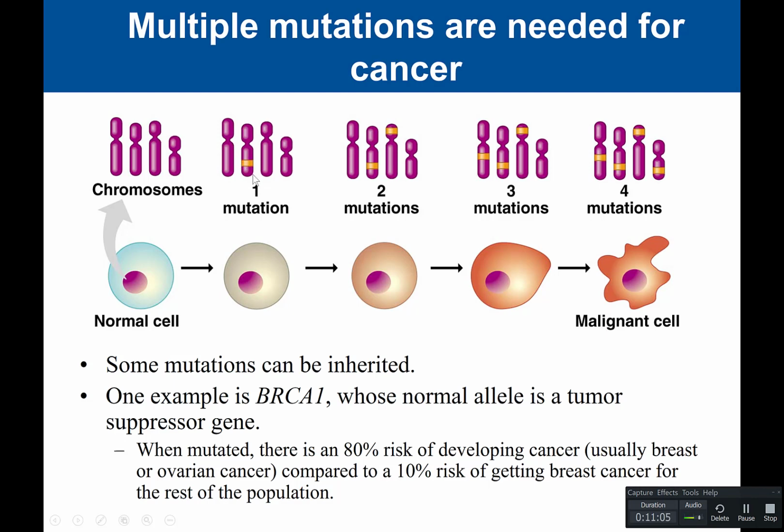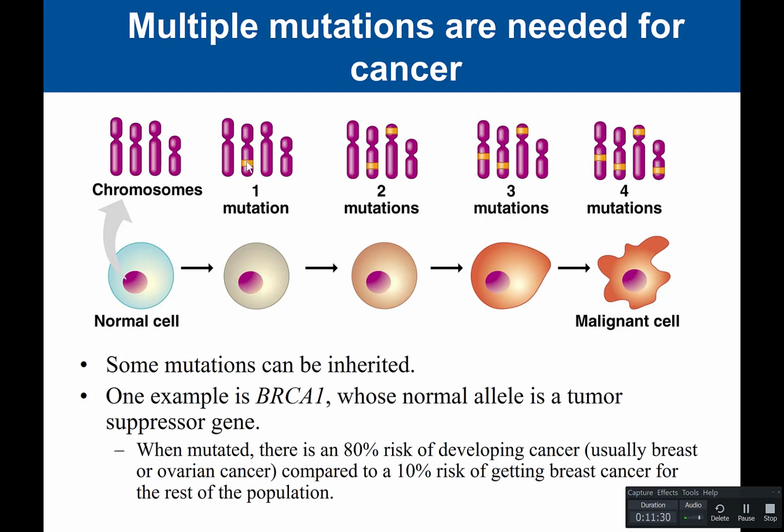So you already have that mutation, which is going to make it more likely for cancer to occur. And so an example of this would be a gene called BRCA1. And BRCA1 is a normal allele that functions typically as a tumor suppressor gene. So when BRCA1 is functional, its job is to inhibit cell division.